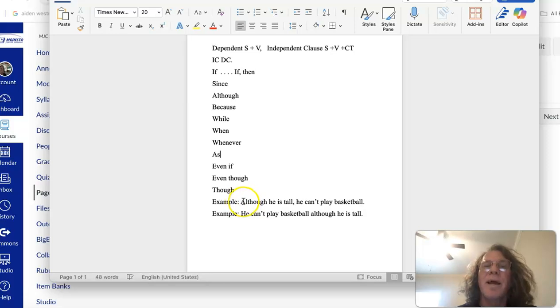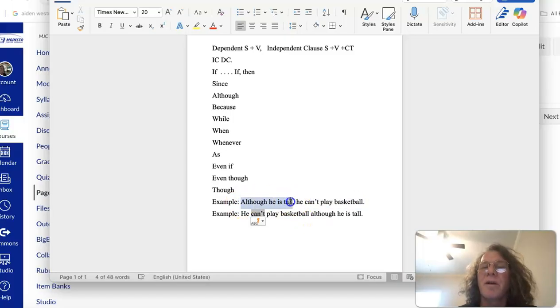Here's an example. I have an introductory dependent clause, right? My dependent word, or my subordinating conjunction, is the word although. Now, the rule says if I begin a sentence with a dependent clause, I must separate it from the independent clause with a comma. So this is properly done.